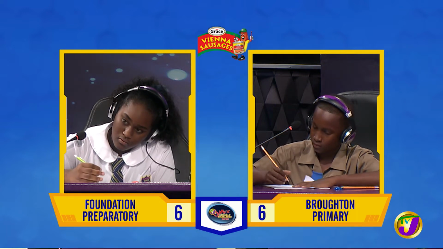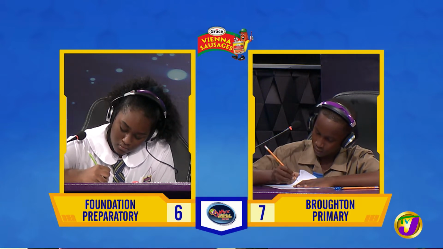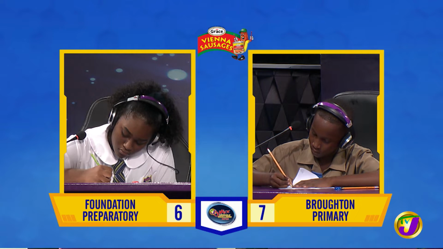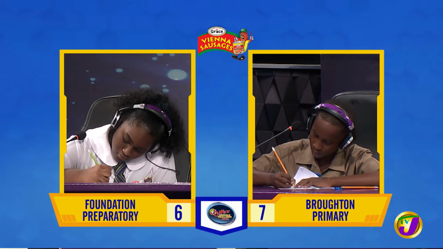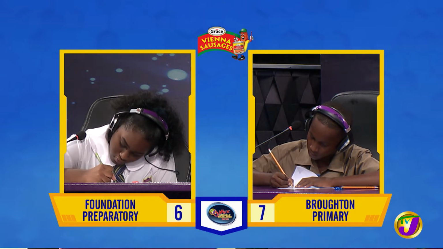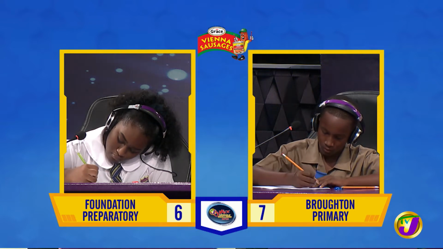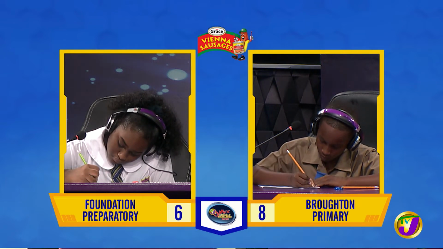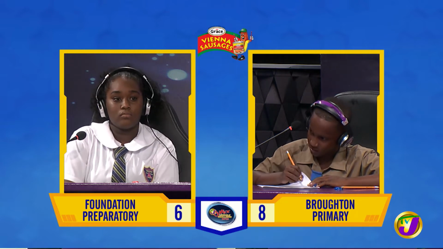76. Correct. What must be added to 354 to make it 1,221? 867. Correct. Find the area of a triangle with height 8 centimeters and base 9 centimeters. 36 centimeters square.